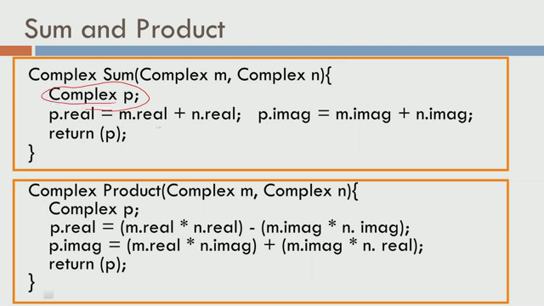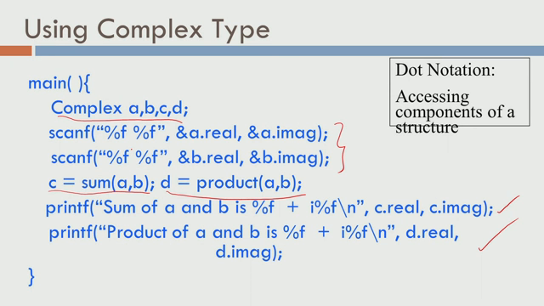The p's real value gets m dot real and n dot real added up, and p's imaginary value gets m dot imaginary and n dot imaginary added up, and you return that to the caller. So you can see that here p is returned to the caller. If you go back, the caller is expecting something of the type complex. The left side is a complex number, so everything is good there.